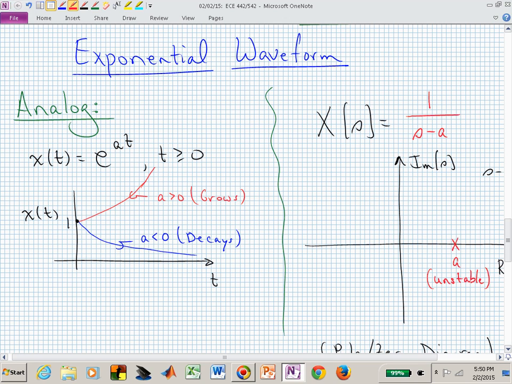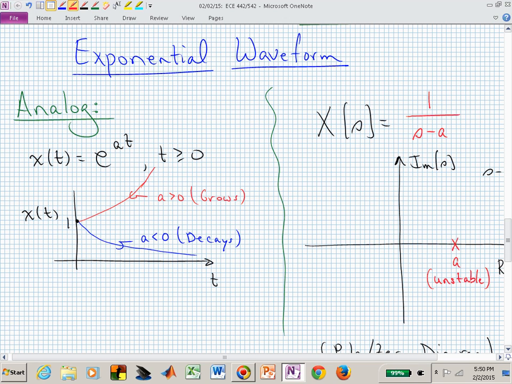We're used to seeing e to the minus something, and then that pole ends up in the left half plane, which is the good place, where it's stable. But depending on what A is, whether it's positive or negative, that influences what side of the imaginary axis that is on.